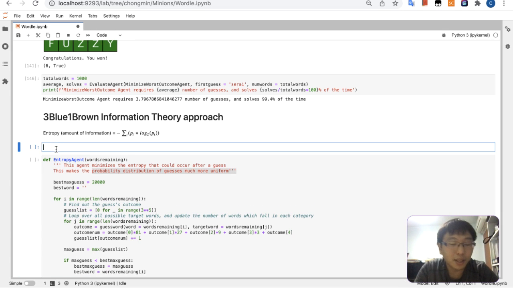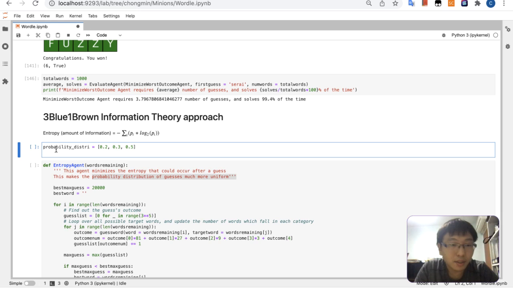Before that, let me just try to code out this entropy. Let's say I have a probability distribution, 0, 0.2, 0, 0.2, 0, 0.3, 0.5. Then maybe let's do a function for entropy. So define get entropy.